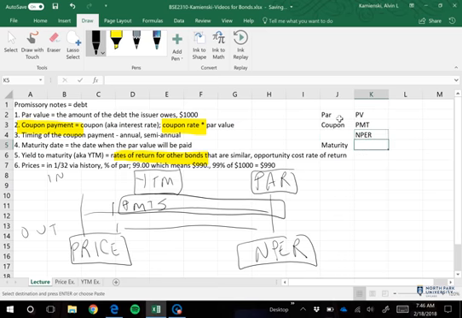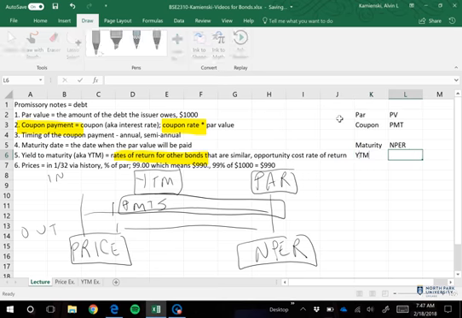Actually, let's move them all over one more column so we get ourselves a little more room here. The yield to maturity is going to be our rate, and our price is going to be our present value.